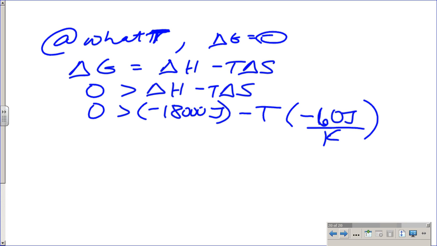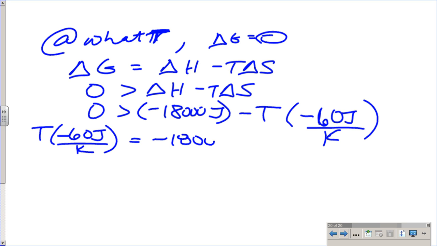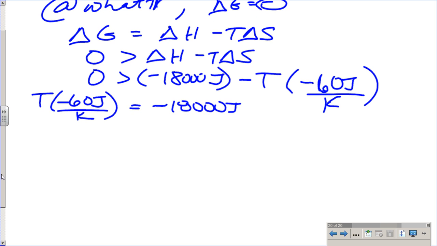Okay, so all I'm going to do is add over, so then T, that's a negative still, negative 60 joules per Kelvin is equal to negative 18,000 joules. If I add T delta S to that side and the other side, that's gone. But I'm leaving the negative there. Okay, and this is not equal, I keep doing that.